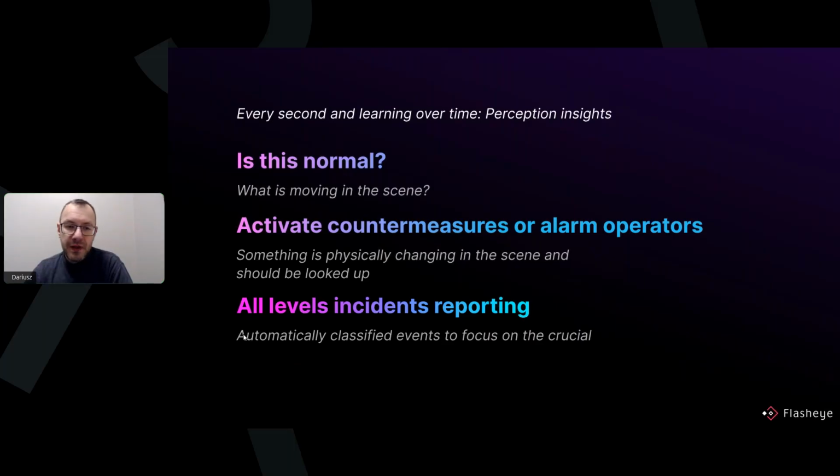Also, you might specify different levels of incidents and get proper reporting for that, with automatically classified events, and focus on the crucial ones. It will help operators to focus on the most important things, and things which are selected as common or not important will be properly ignored.